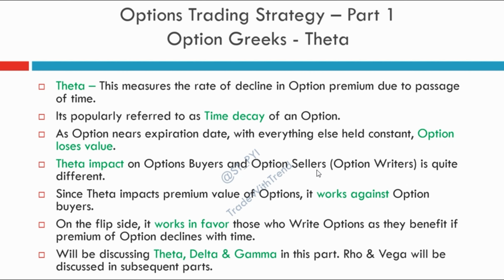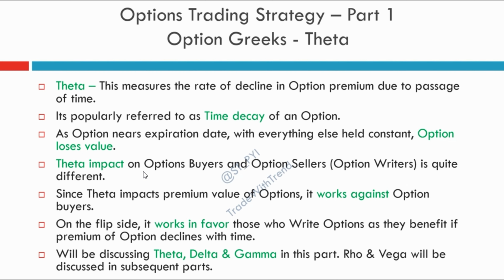That is, with time, the value of the option nears zero, right? So if you're a writer, theta works in your favor. If you're an option buyer, then theta is one thing that you always have to keep in mind.